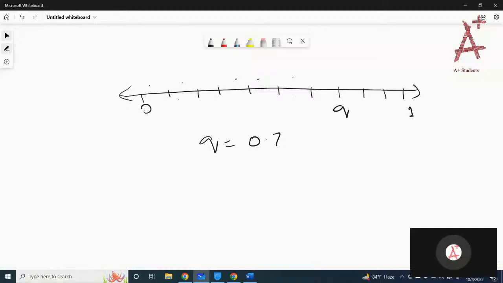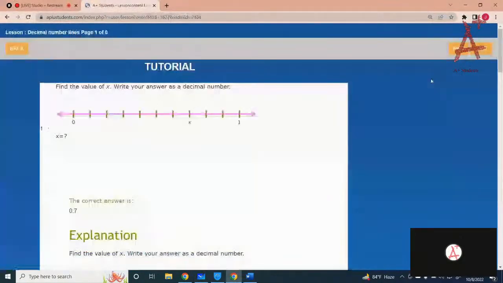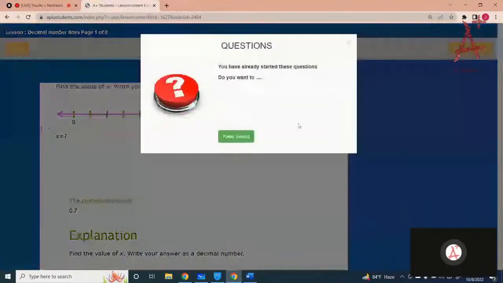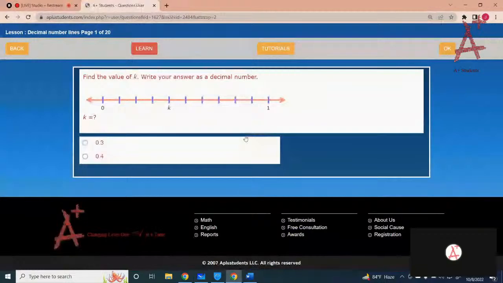Okay, on the top right corner, you have a test button. Let's just start with the test. Here you have the test button. Okay, what is the value of k? Write your answer as a decimal. So can you count the value?